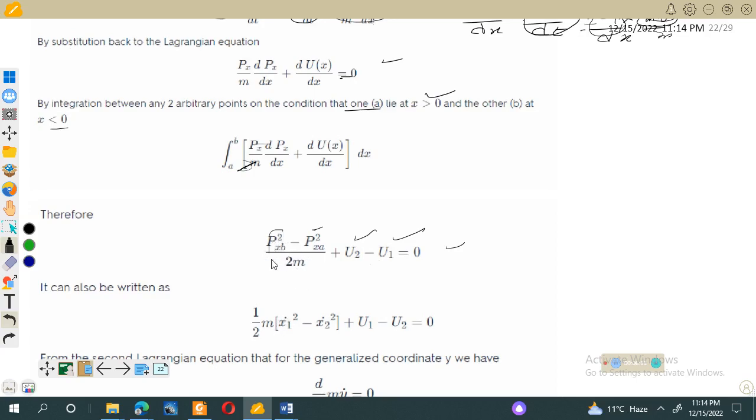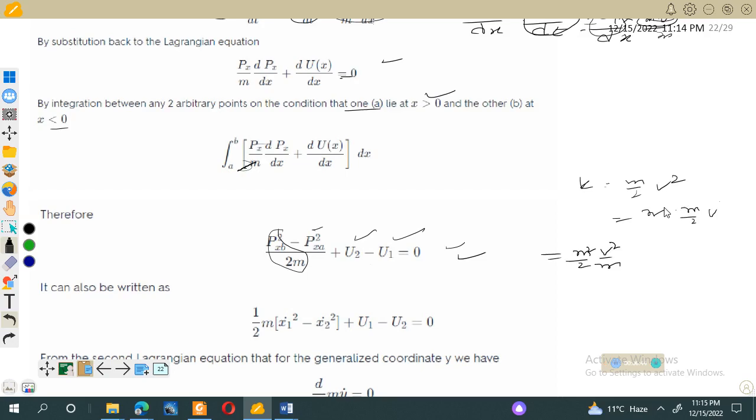We know that px square over 2m is nothing but kinetic energy. We know that kinetic energy is equal to m over 2 v square. If we multiply this with m and divide this by m, it becomes m over 2 m square v square divided by m.